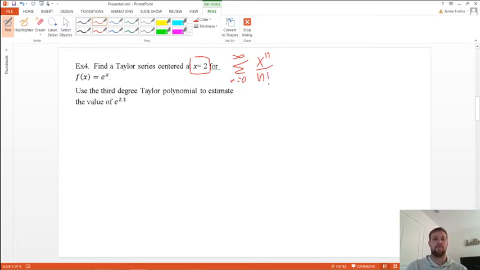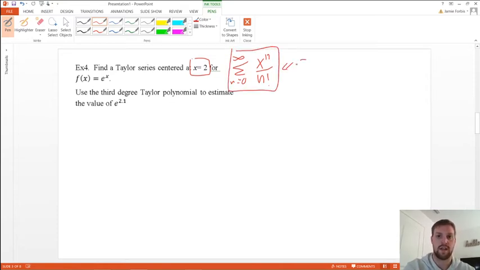This is just the identity for centered at 0. So if they ever talk about e to the x and the Maclaurin series for e to the x, you already know what that looks like. You should memorize that.